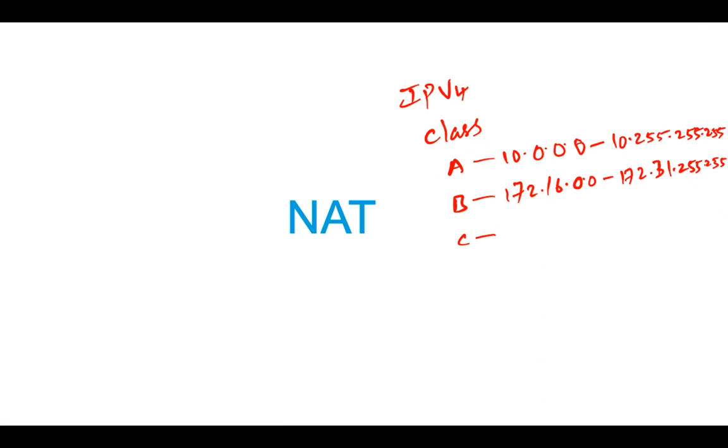The first one is 8 bits, the second one is 12 bits, then 16 bits we use for network addresses. So it starts with 192.168 dot 0 dot 0 and ends with 192.168 dot 255 dot 255. So these are the private IP address ranges we use.